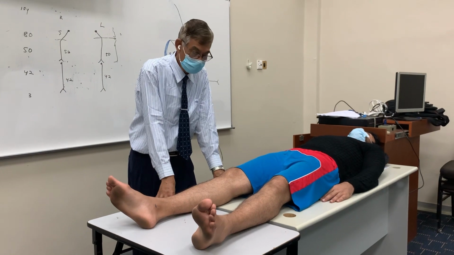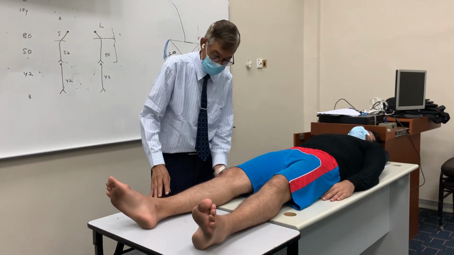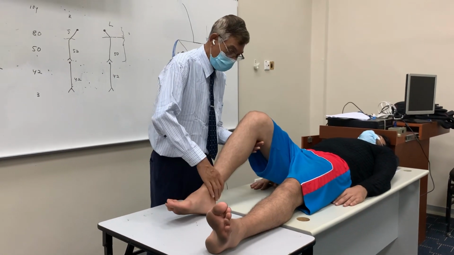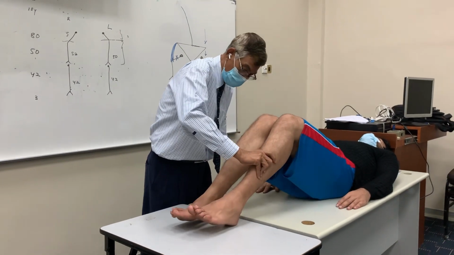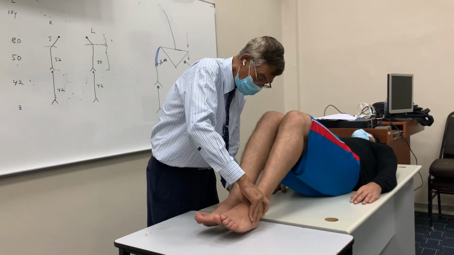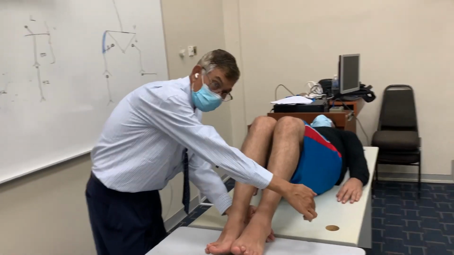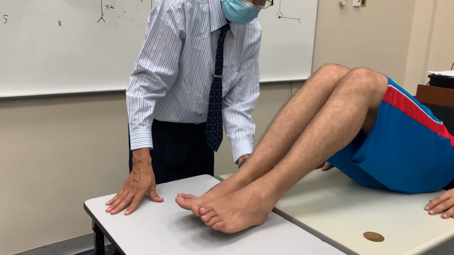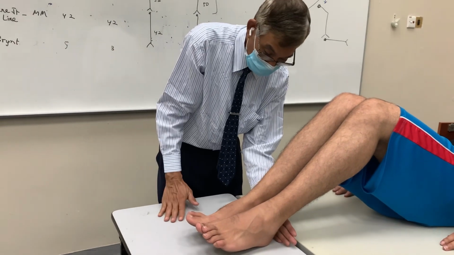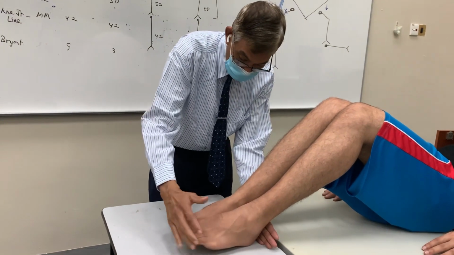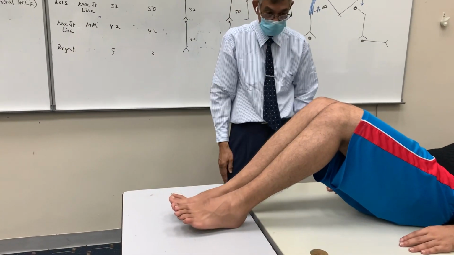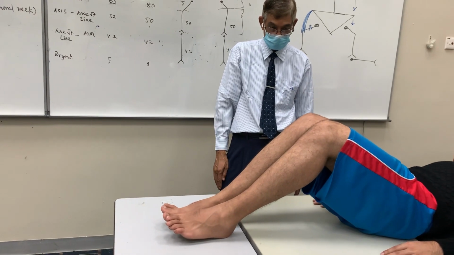So, to test the cruciate ligament, firstly, you flex the knee and it must be symmetrical. The heel must be in the same position, same level. In this way, the heel must be like this.